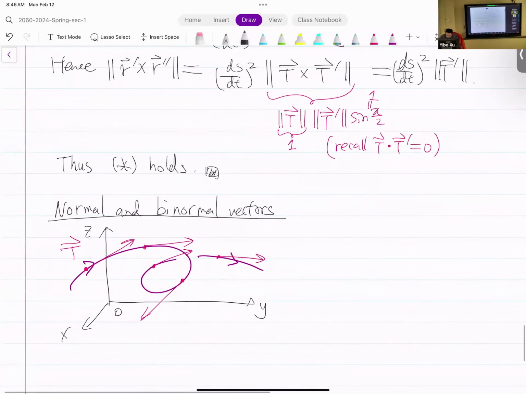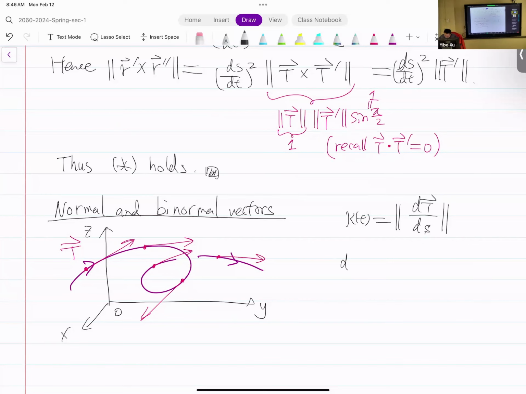So think about the definition of the curvature. Curvature kappa of t is, as we started with, the rate of change of the unit tangent direction with respect to arc length, and then we take the magnitude.